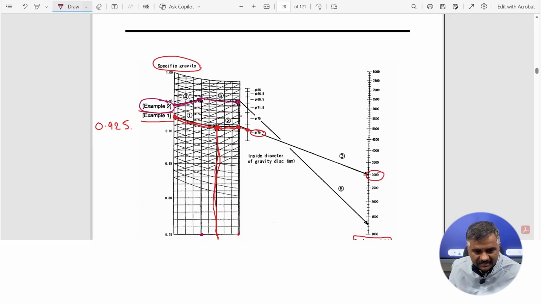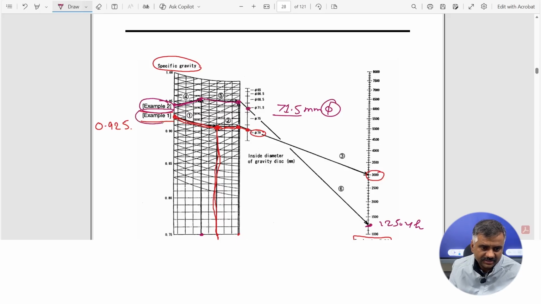From 98 degrees centigrade, since we have decided that we will keep the feed rate at 1250 liters per hour, this is the point where it is 1250 liters per hour, and we have to match both points. So it is cutting at 71.5 mm.